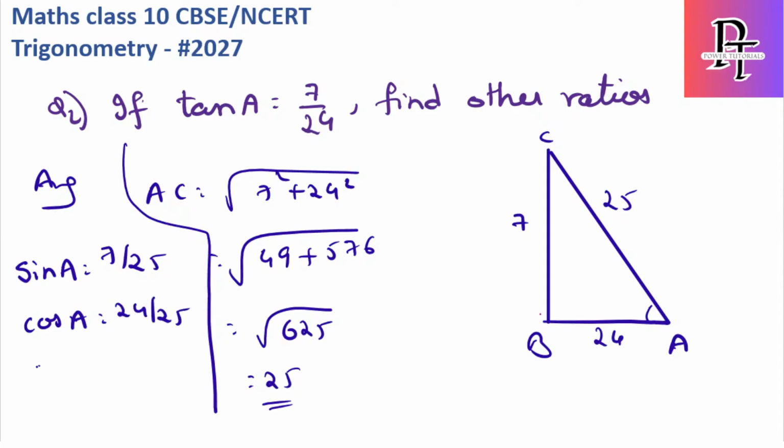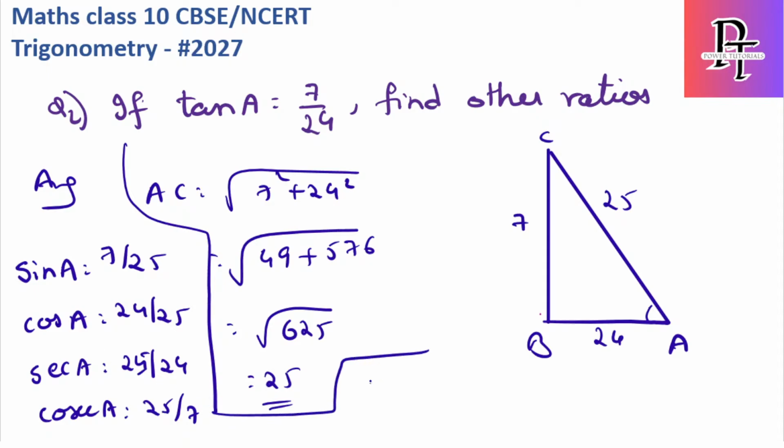What about tan A, we already know. Secant A, if I want, it is inverse of cos, so simply the answer is 25 by 24, and cosecant is inverse of sine, so this way it is 25 by 7. Okay, so in the last one, cot A, I will write it here. Cot A is nothing but inverse of tan, which is 24 by 7.